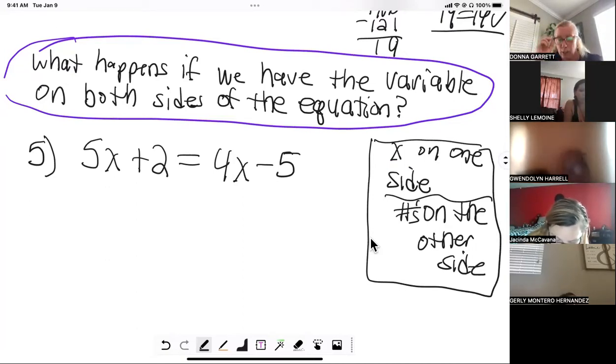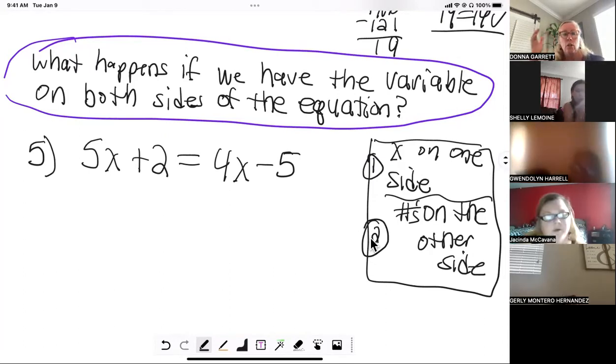I highly suggest you always do your x first. Put x on one side and get your numbers later, in that order. It's not a must, but with all my years of teaching experience, if you put your x's together first, you'll have fewer problems than if you put your numbers together first.